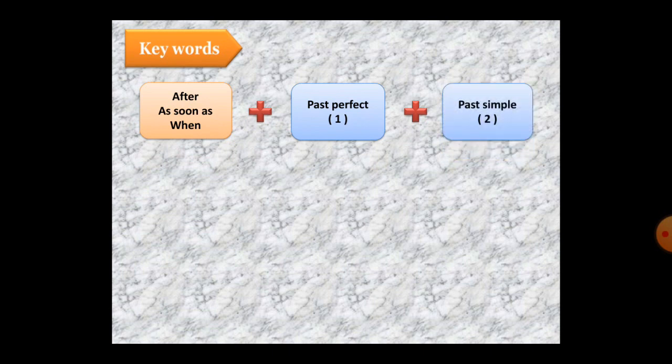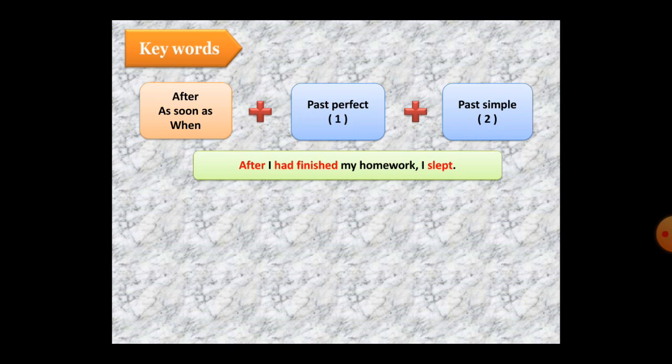Here is after, as soon as, when, followed by past perfect to talk about the first action in the past, followed by past simple, which is going to be the second action. Here's an example: after I had finished, so that happened first.